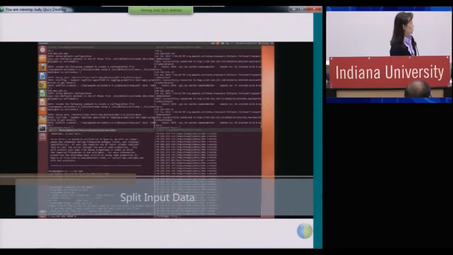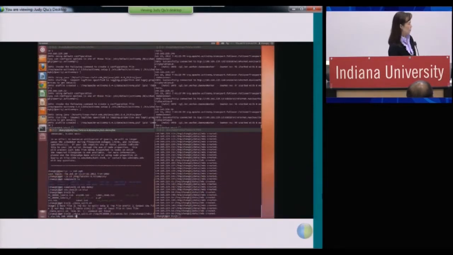The third step is that we need to load the data. Before we do that, we distribute the data.